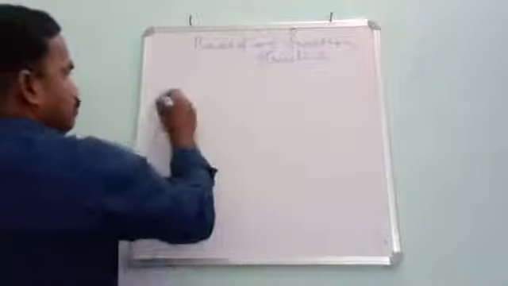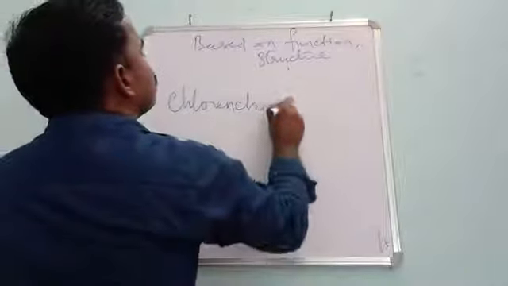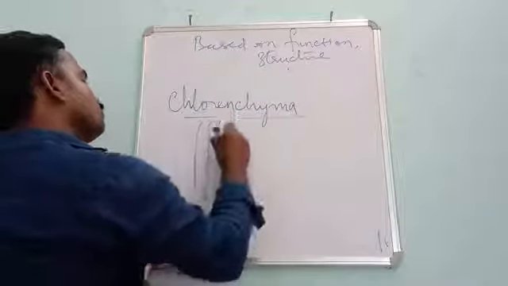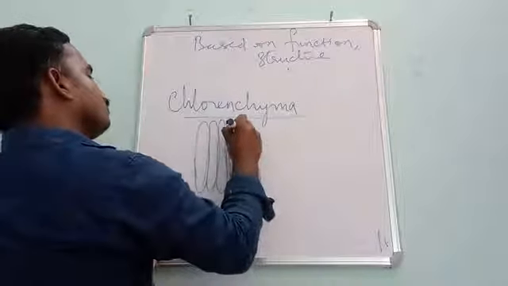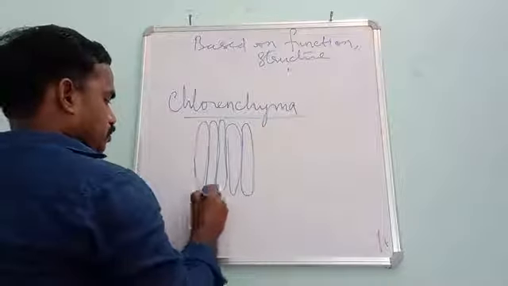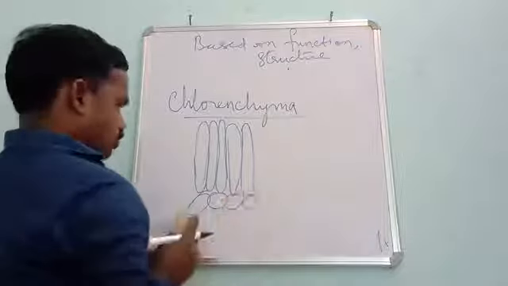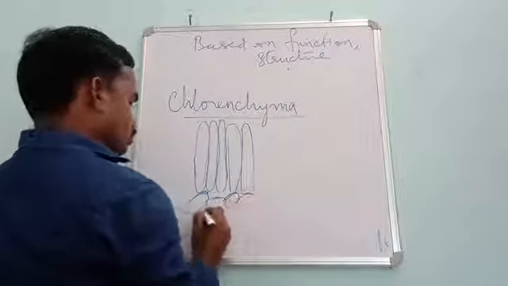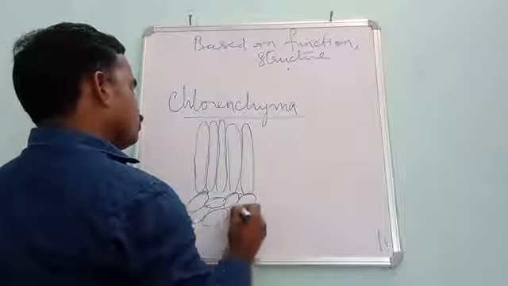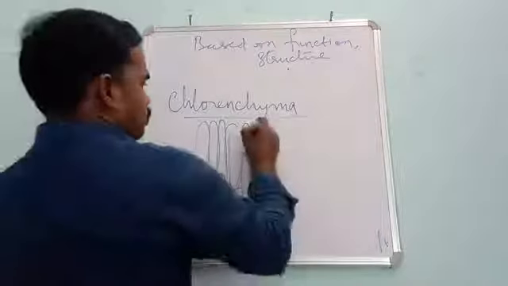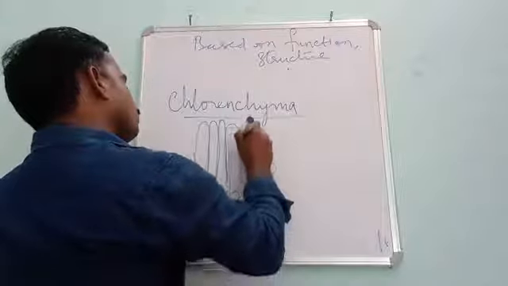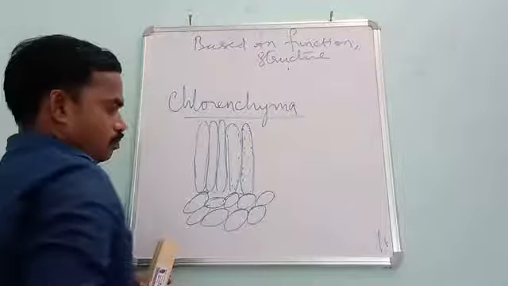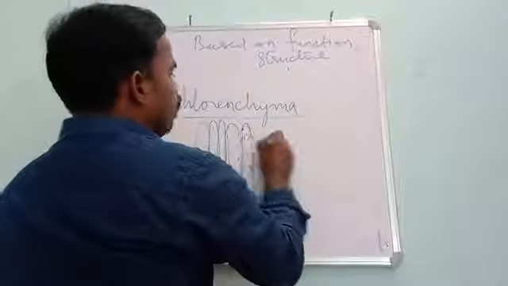So in chlorenchyma, rod-shaped cells. This is what we call palisade parenchyma.